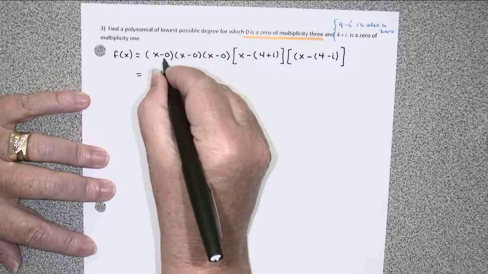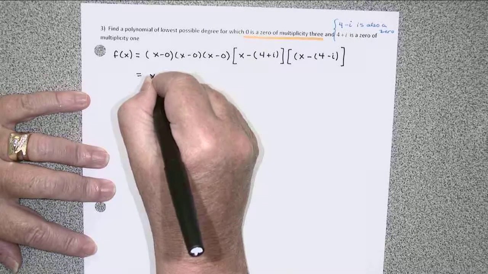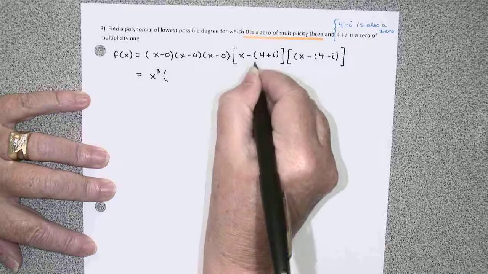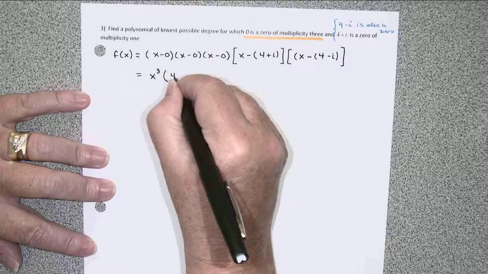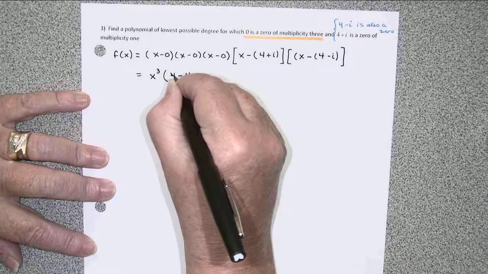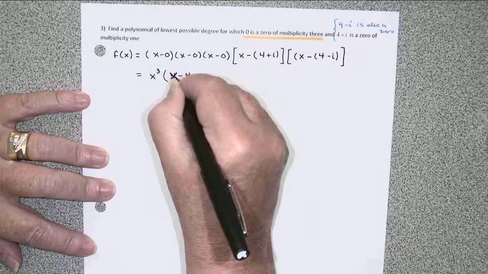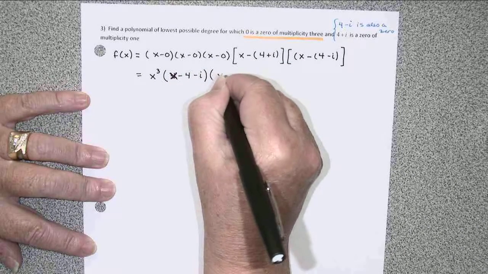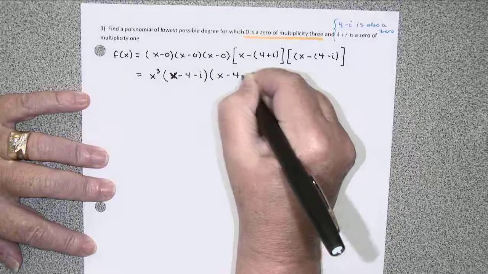All right, x times x times x would be x to the third. And then I would have, if I just distribute the negative here, x minus 4 minus i, and x minus 4 plus i.